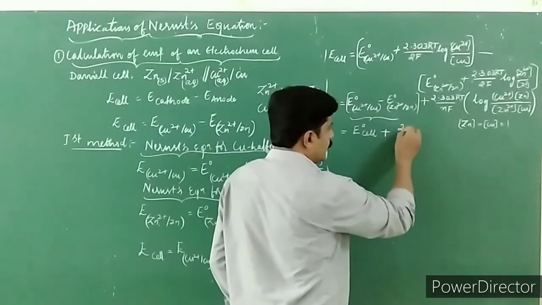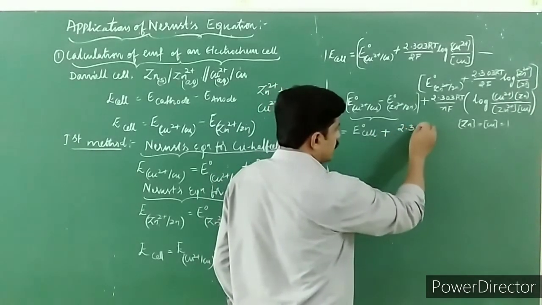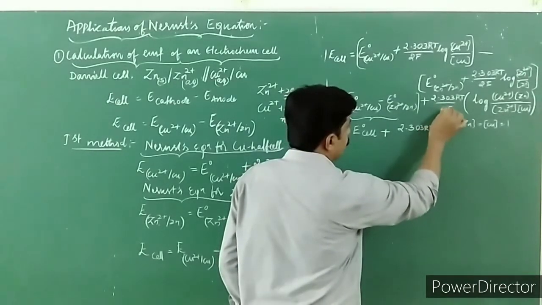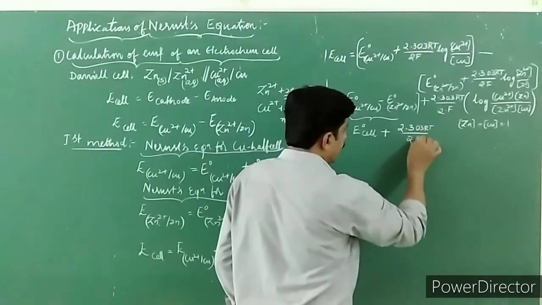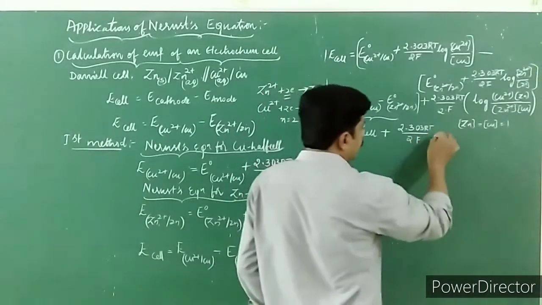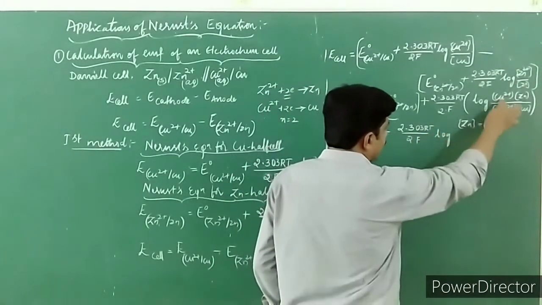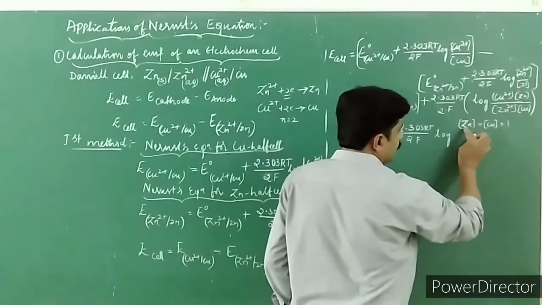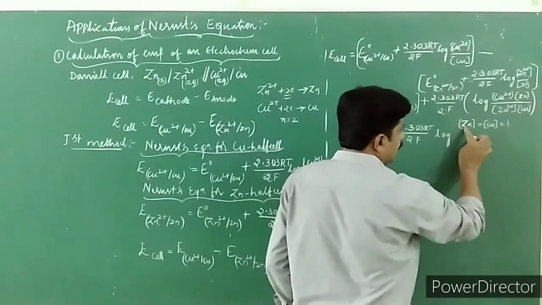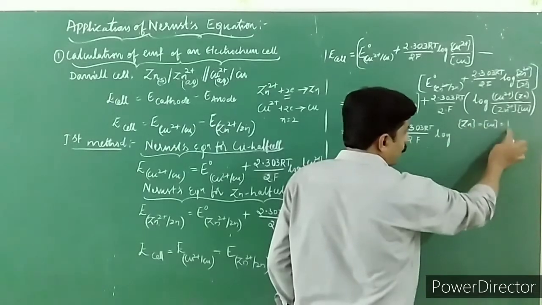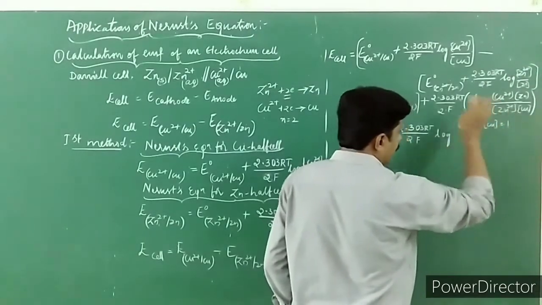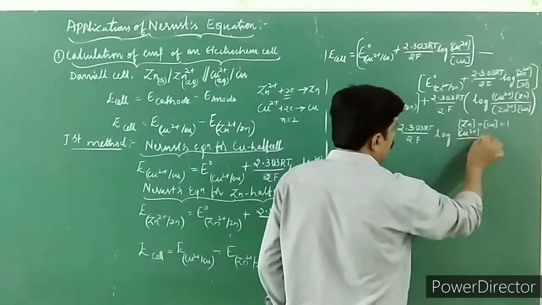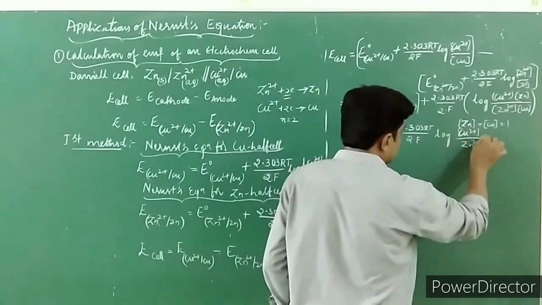Plus 2.303 RT by, sorry, this should have been 2F into log of, this is nothing but 1, this is nothing but 1 here, because the active mass or the concentration of zinc is equal to 1 and copper is equal to 1. So log of Cu2+ upon Zn2+.